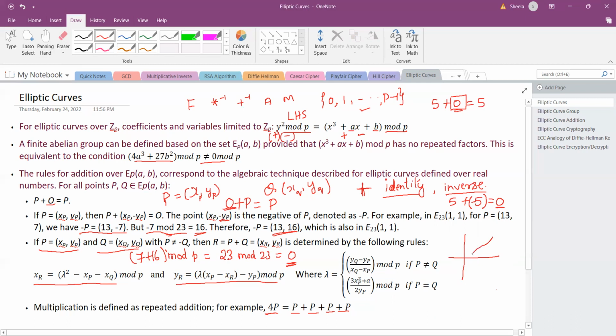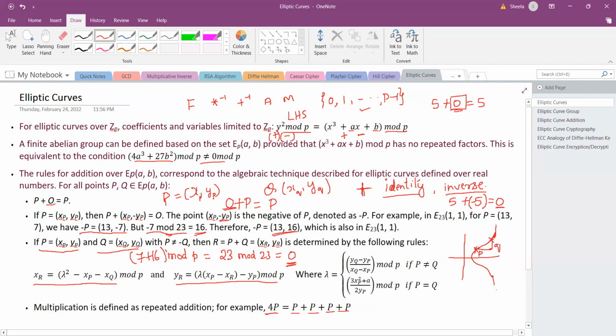If I want to add 2 points, let this be P and this point be Q. When we add 2 points, I need to consider the corresponding x coordinate and y coordinate.